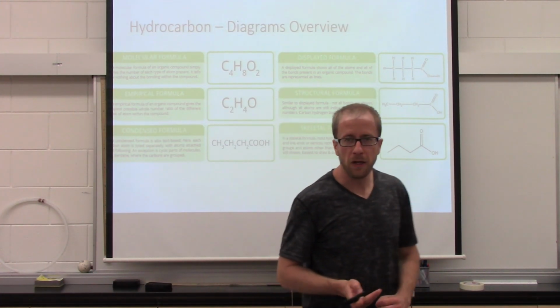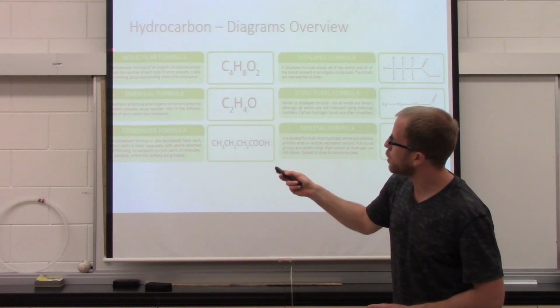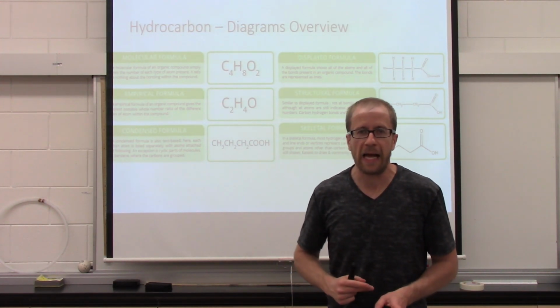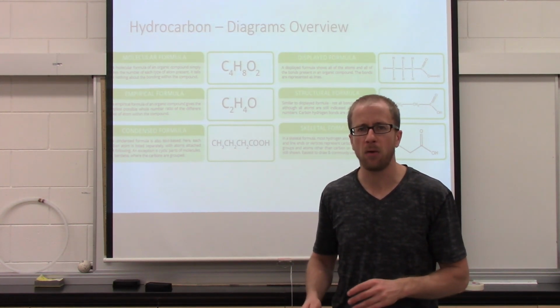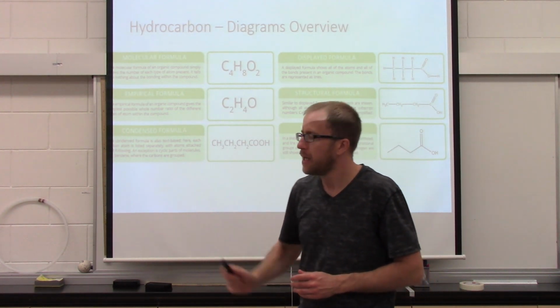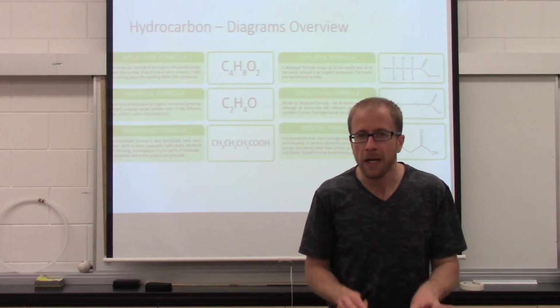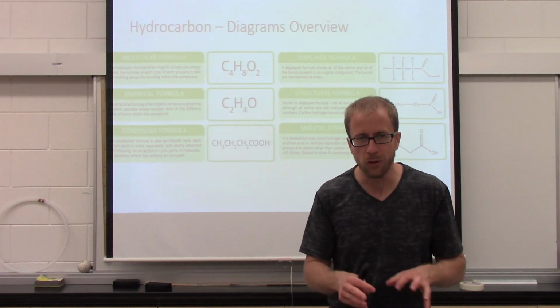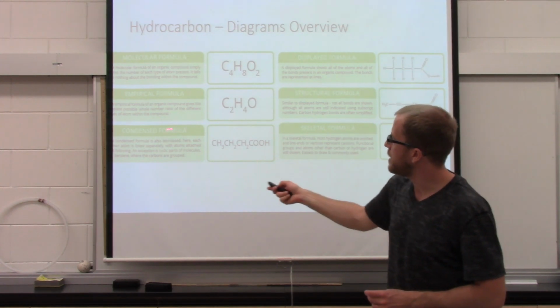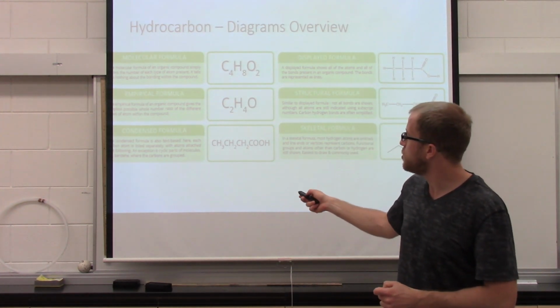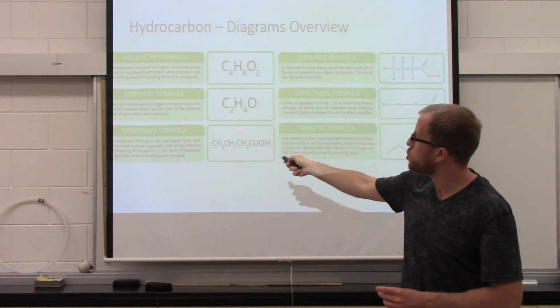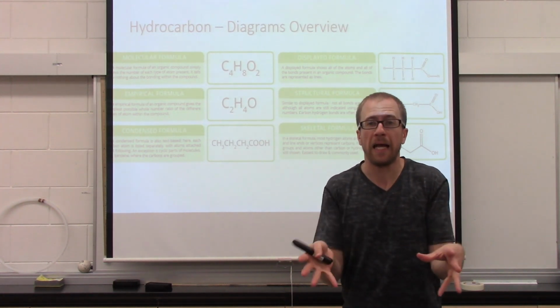So just a brief refresher, molecular formulas represent exactly how many of each atom are in your compound. The empirical formula is going to be the lowest ratio of elements in your compound. Condensed formula, which I'm pretty much going to be using, shows you the bonding structure in a condensed way.